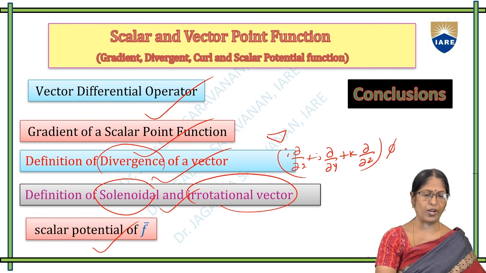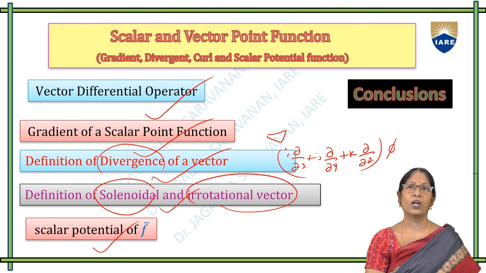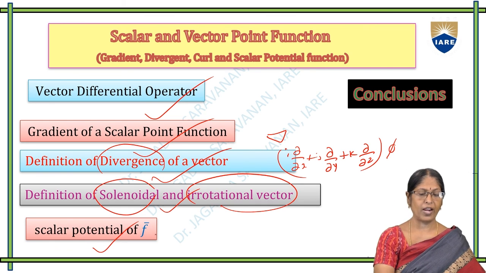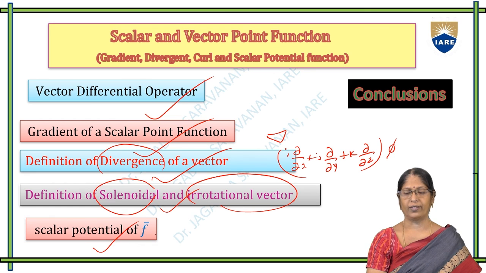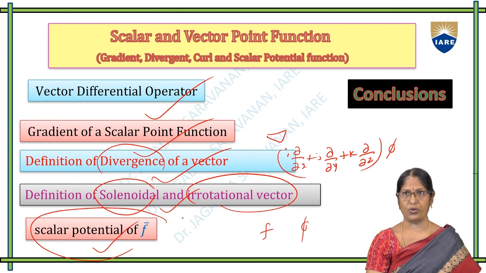And one more also, we discussed, curl is the cross product, gradient cross f. Scalar potential: suppose f is the given function, then there exists a scalar phi. The relationship between this f and phi which is defined, we can call the scalar potential.